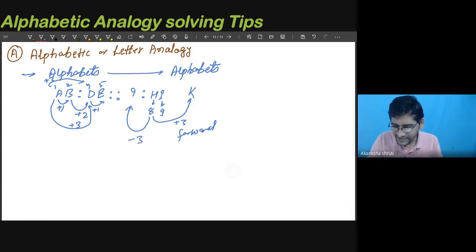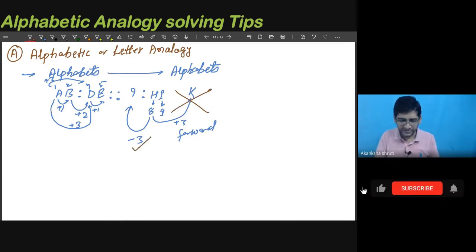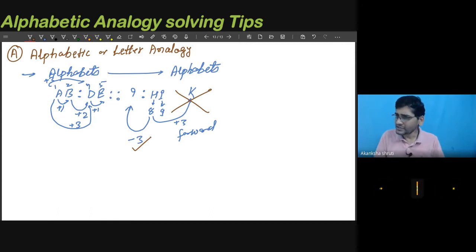So this will give us the wrong one, so we need not do it here. What we need is this, the correct one, because we have to go in reverse. Just subtract: 8 - 3 is 5. So rather than writing 5, you just write the alphabet. It becomes E. From E, the successive one is F. So EF is the answer.